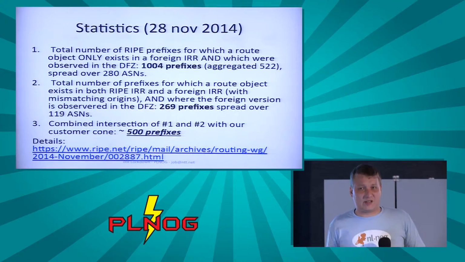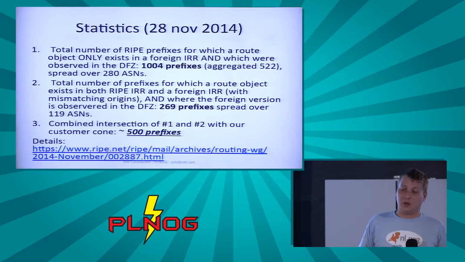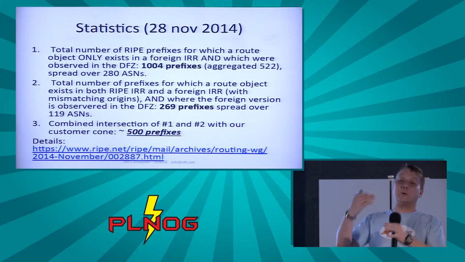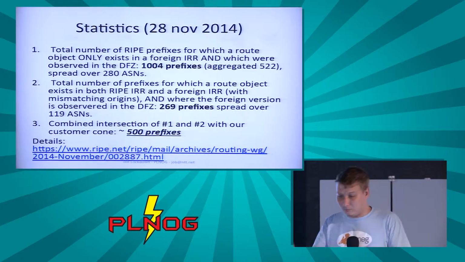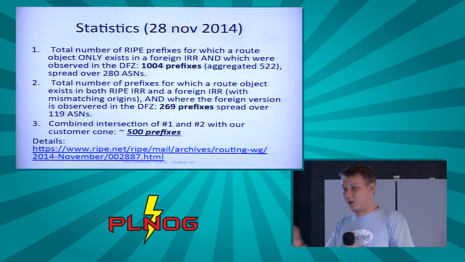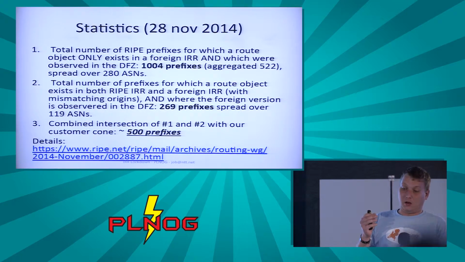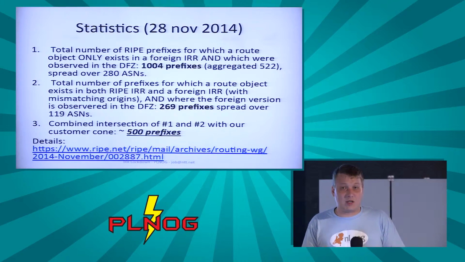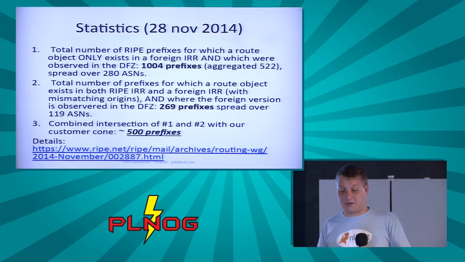If I look at statistics that I collected 10 months ago, if we were to deploy a mechanism like this, if we were to say we are no longer accepting prefixes covering RIPE space if they're not registered in the RIPE database, my estimate 10 months ago was that roughly 1,000 prefixes would be impacted.